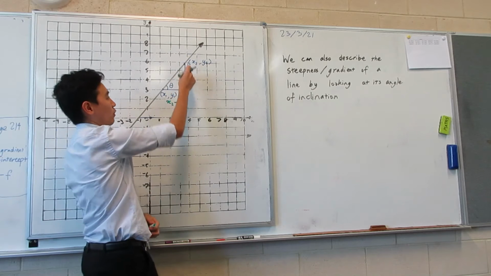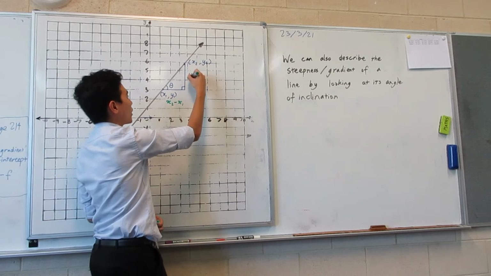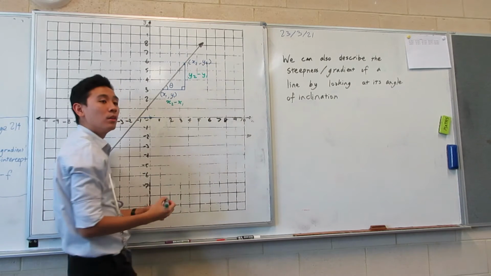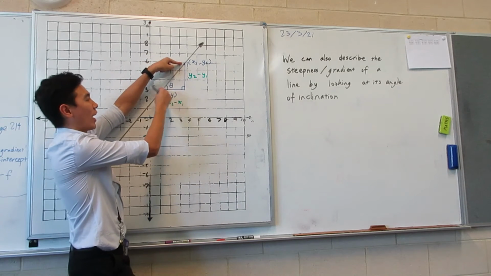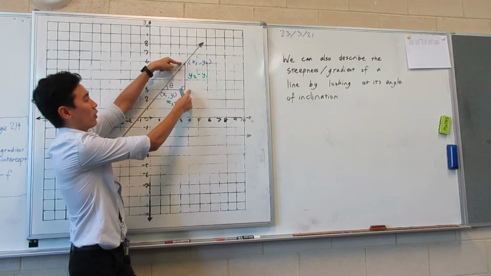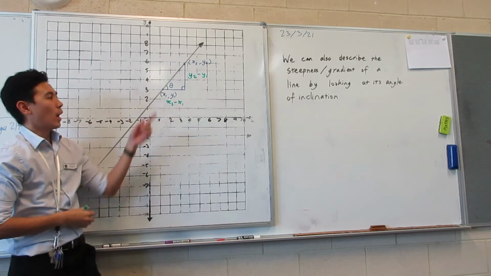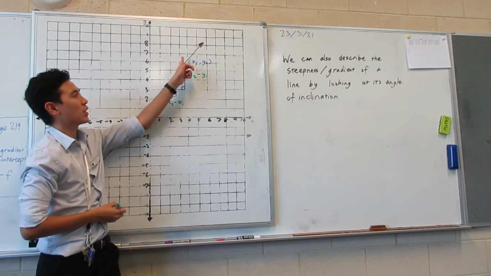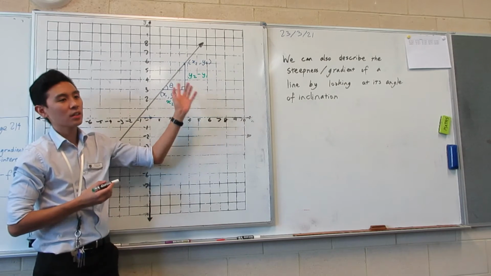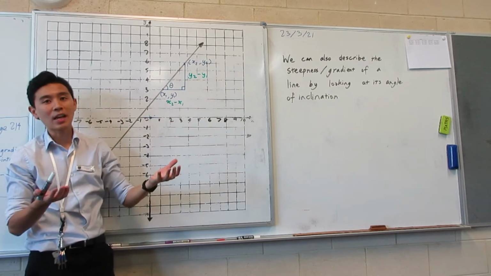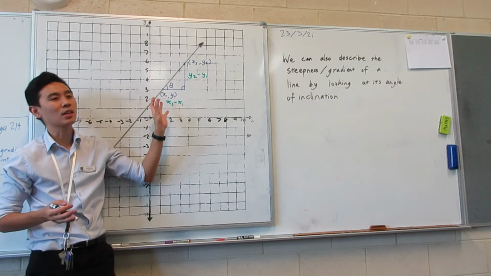Similarly, the height of your triangle here is going to be y2 take away y1. Because however high this second point is, take away however high this point is, that's going to be the height of your triangle. Now we can't work out the exact length of this part, because we don't have information from the coordinates to find that. You can use Pythagoras to do it, but then it ends up getting really messy.